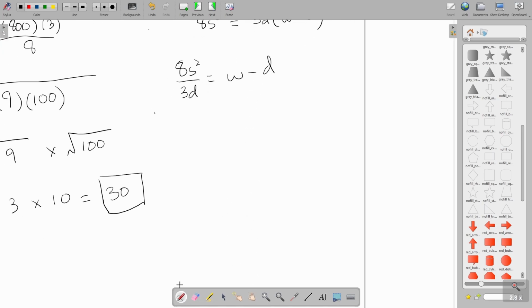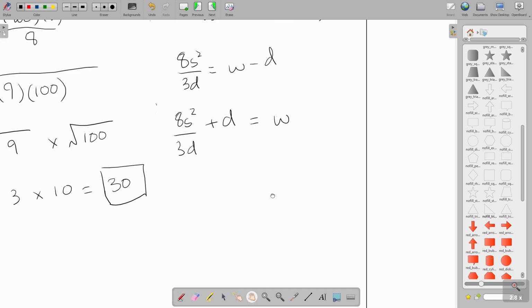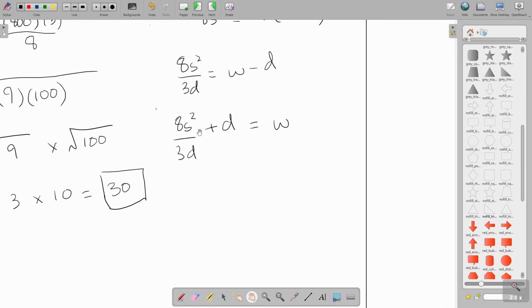And then lastly, I can do 8S squared over 3D plus D is equal to W, and you can leave it like this, but what we can also do is multiply this D by 3D, so we can have a nice fraction over here instead of a fraction being added to a whole number.